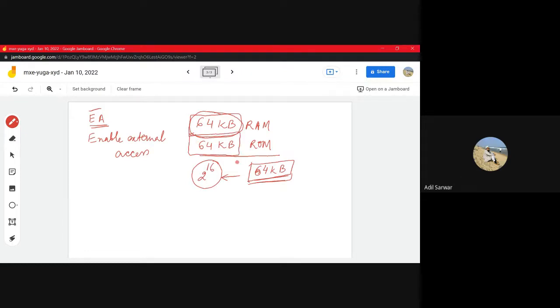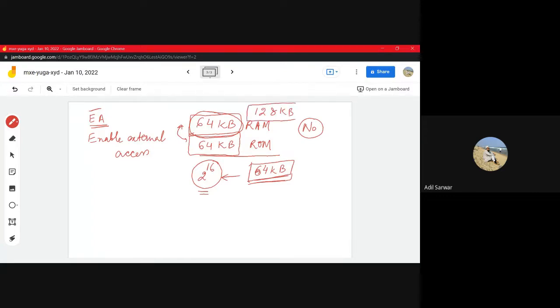Can I do it both at the same time? The obvious answer is no, because since we have 2 to the power 16 address locations which could be accessed by the 8051, we cannot use 64 KB of RAM and 64 KB of ROM at the same time, because they add up to 128 KB of memory space.